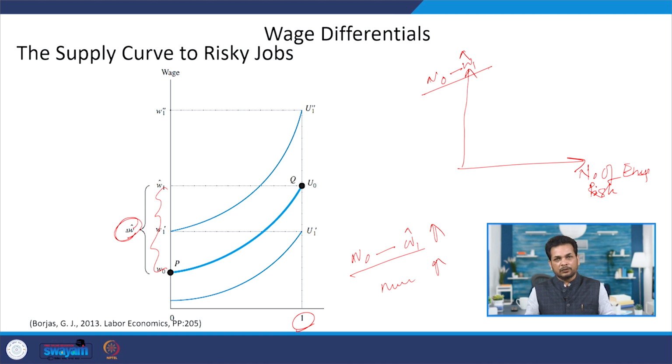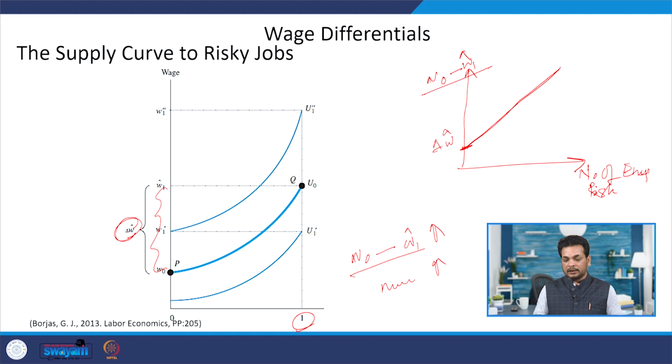Now, every individual has some minimum wage differential at which that worker will accept getting into a risk job. So, from this delta W hat minimum level, as this delta W hat increases, more and more workers may get into the risk jobs. So, we can derive the supply curve for the risk jobs from this graph, from this utility function.